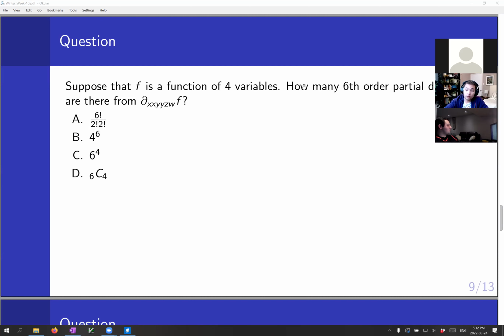So first of all, if the question were asking how many sixth order partial derivatives are there total, what would the answer be? So maybe the question is, how many sixth order derivatives are there? Total. Okay.